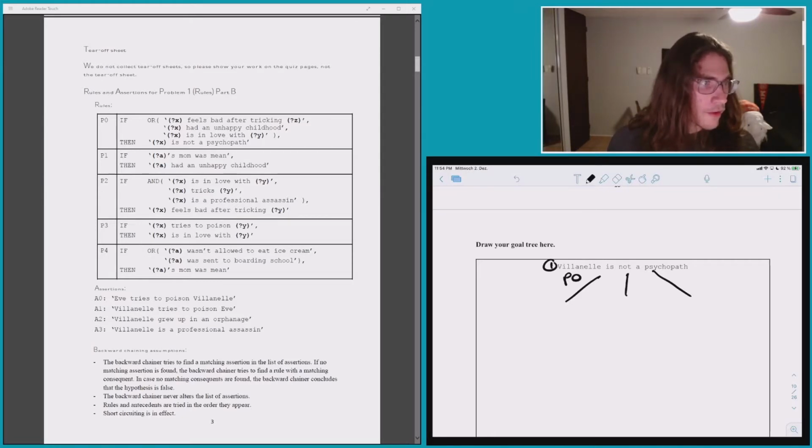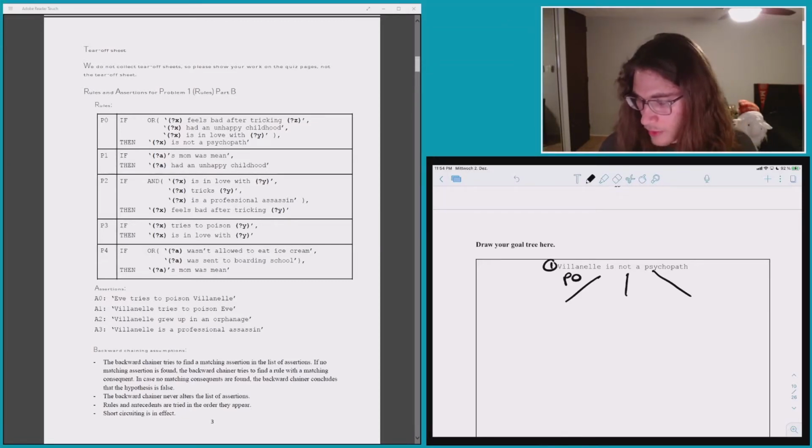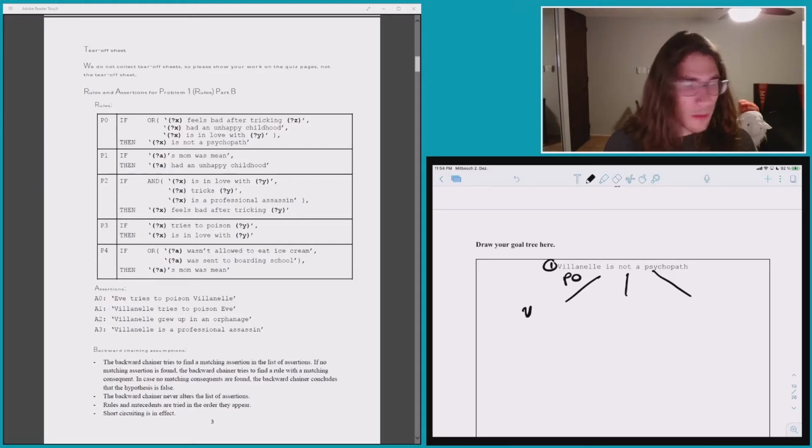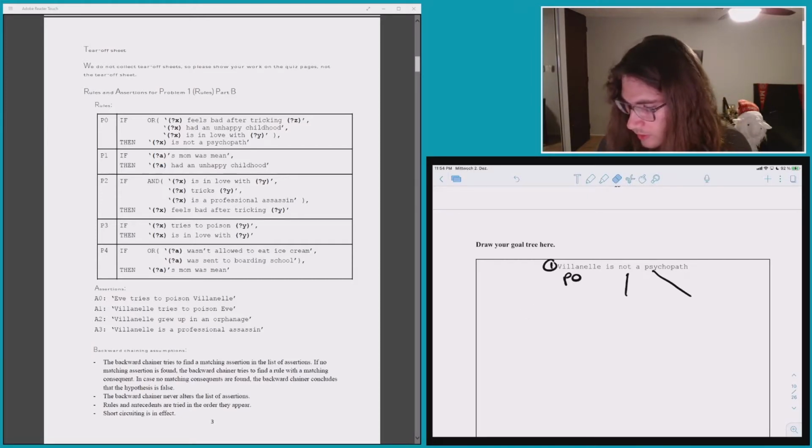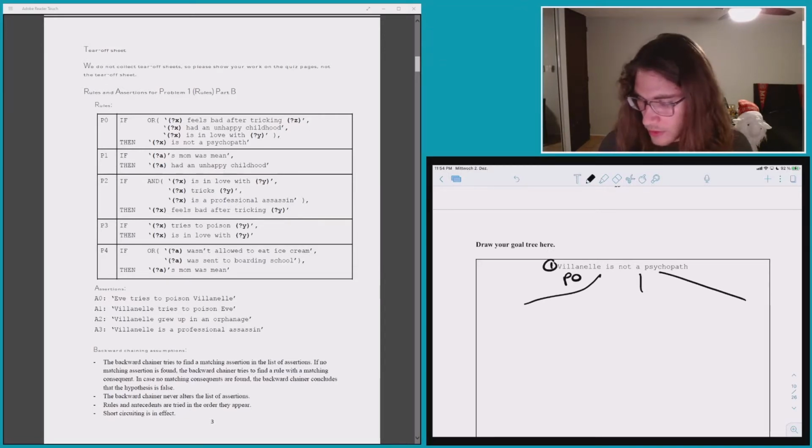On the left, the first child is that X feels bad after tricking Z. We know that X is bound to Villanelle. I'll abbreviate it as V because it'll become a lot of text. And actually, I'll separate these a little bit. Not the prettiest tree you've seen.